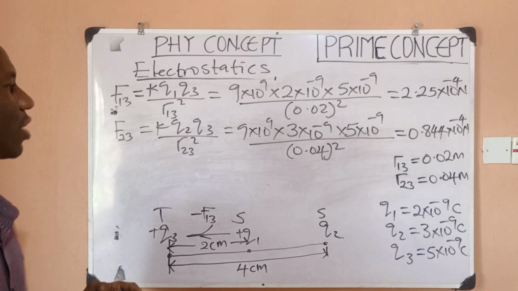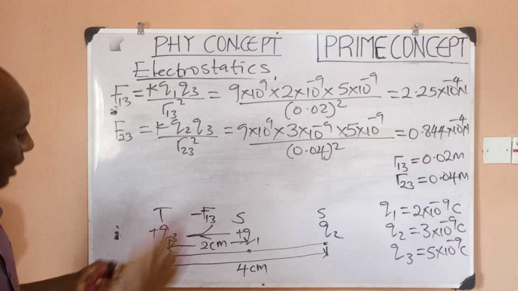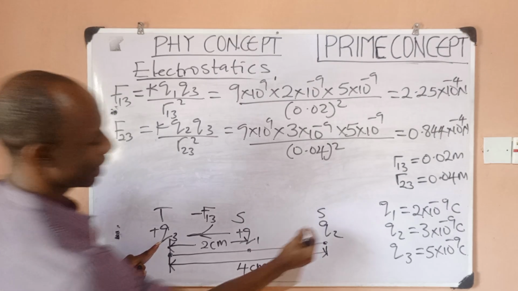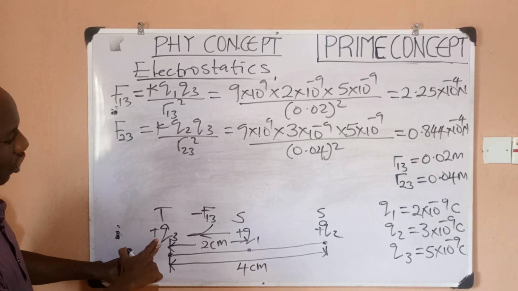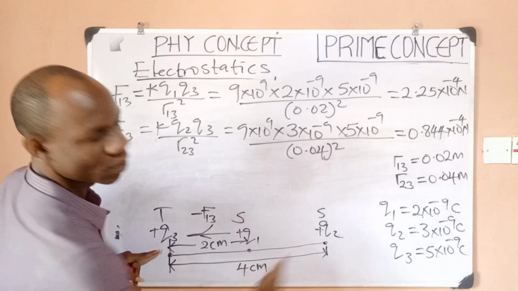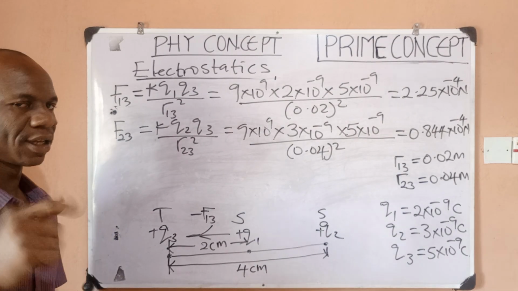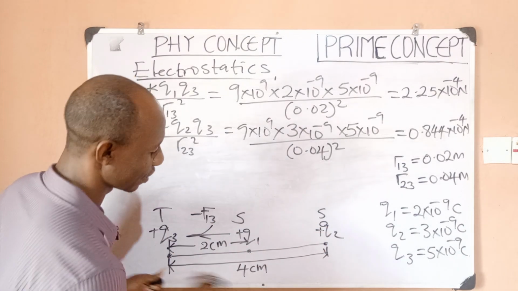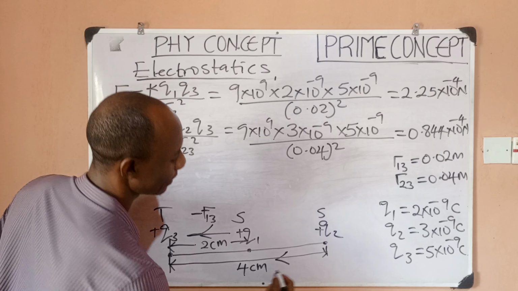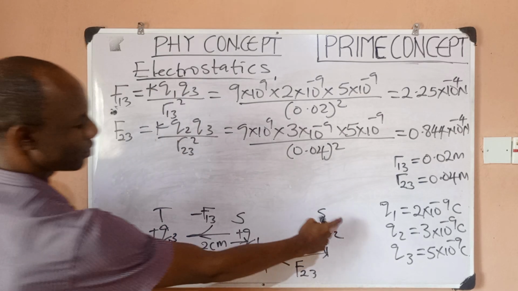The next direction I want to find is the direction for F23. This is my 3 and this is my 2, which is still positive. So the force between Q3 and Q2 is a repulsive force. Repulsive will still point away from the source. So this is our source, and it's going to point like this. This is my F23, away from this source.